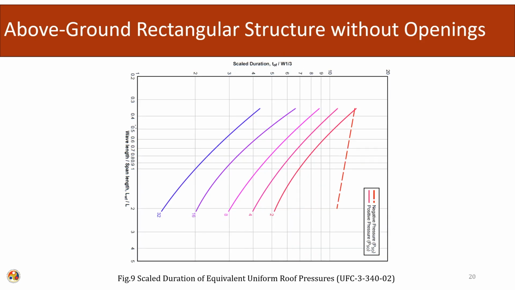Figure 9. Using the same wavelength parameter we can calculate the scaled duration also, and they are all scaled quantities, and when multiplied by the cube root of W, they will give the equivalent quantities in the respective units. So, figures 7, 8, 9.